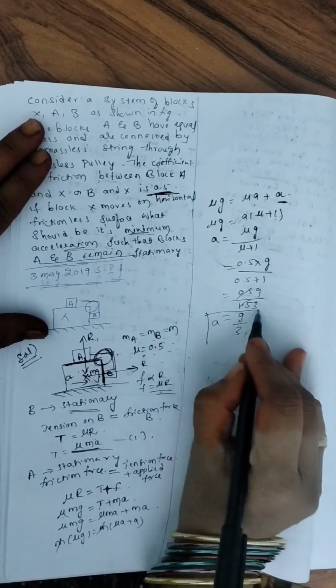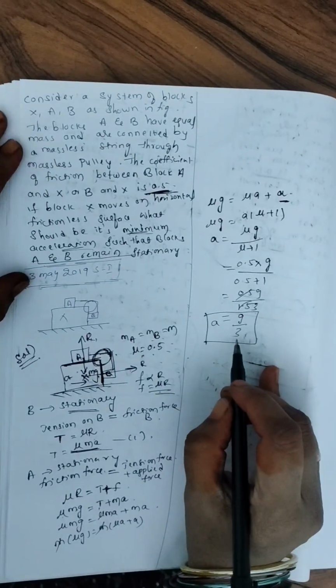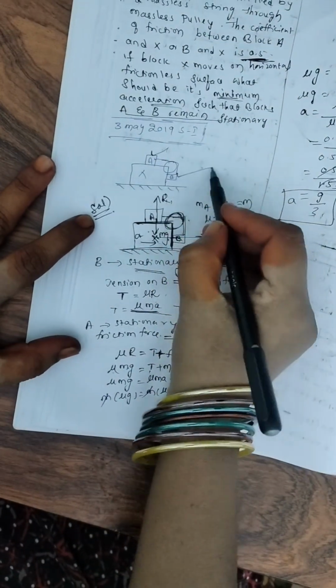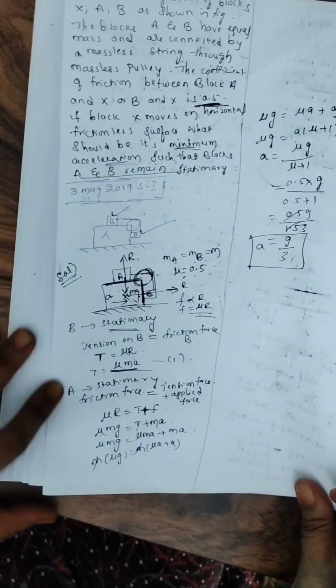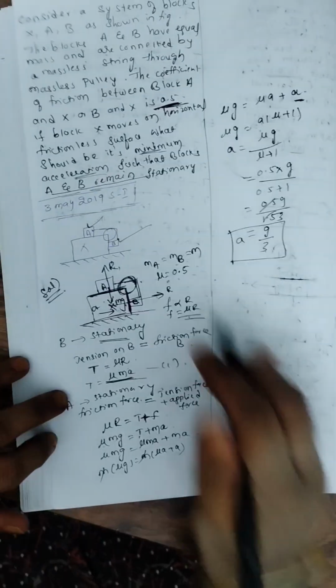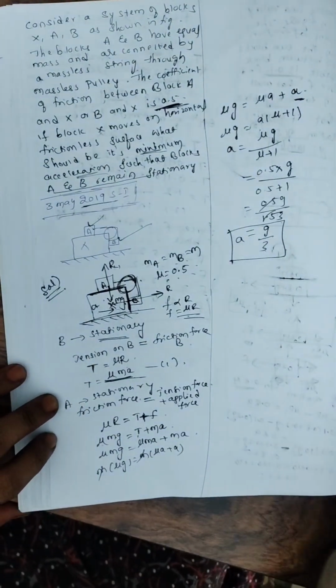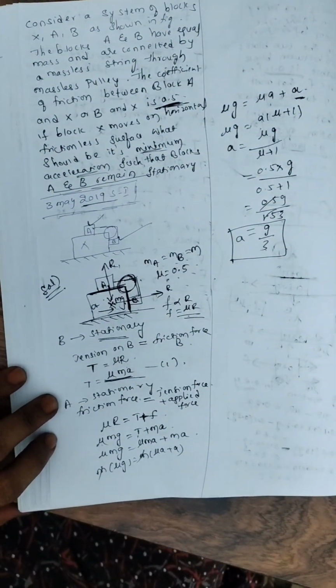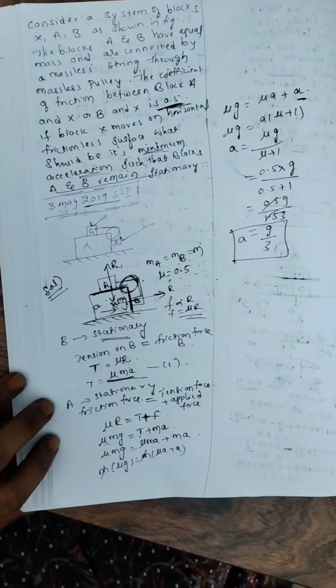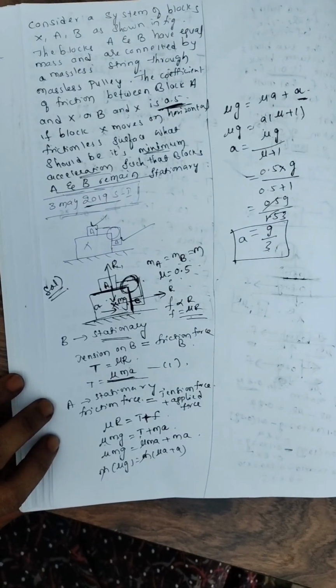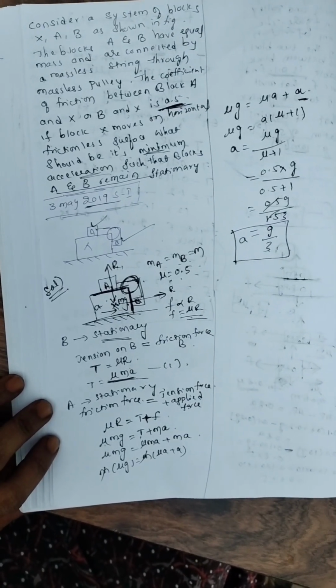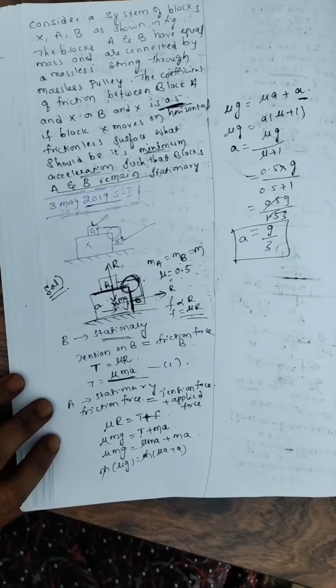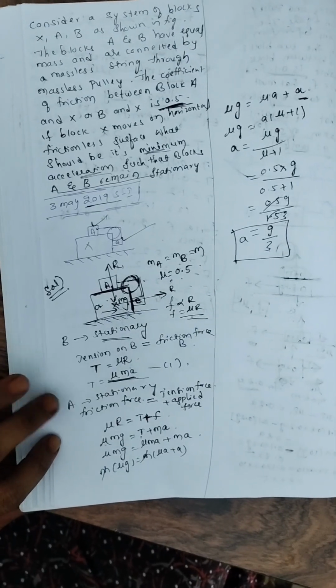So if you apply this minimum acceleration, then these two blocks A and B remain stationary. This is the question asked in 2019, 3rd May, shift 1. These are the mass pulley system questions, PYQs of EAPCET asked in previous years.